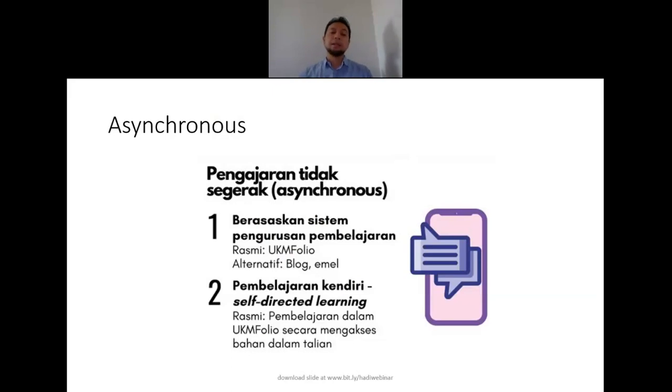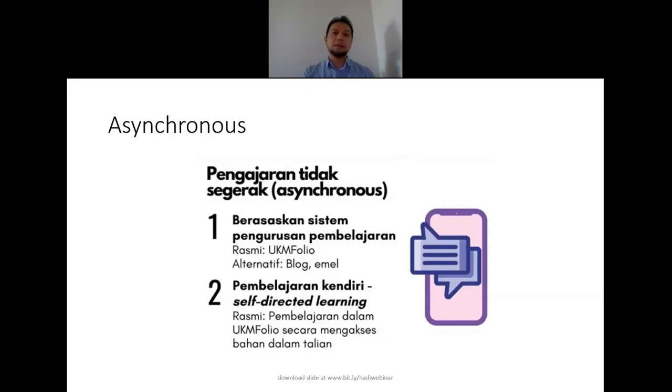So in asynchronous self-directed learning, the lecturer creates the content of the course, and then the student will follow one by one, depending on their own time. Maybe they want to watch the video this afternoon, maybe tonight or tomorrow. They learn according to the content uploaded in the LMS.